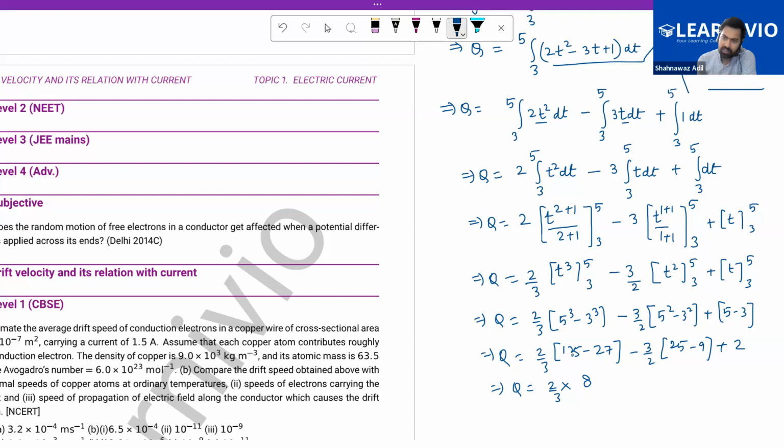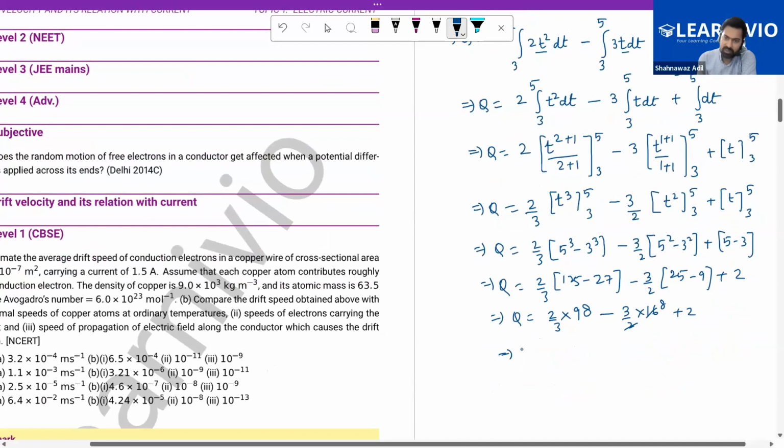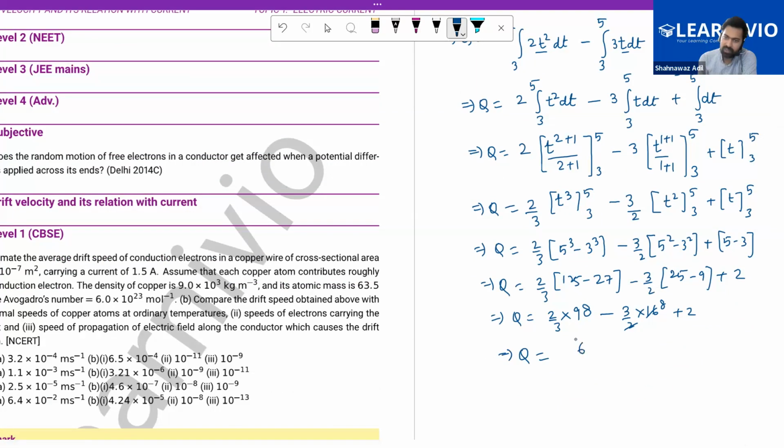So 2 by 3 into 98, and minus 3 by 2 into 16, which is 24, and plus 2. So how much would this be? Combining, it is 196 by 3 minus 24 plus 2, so minus 22.